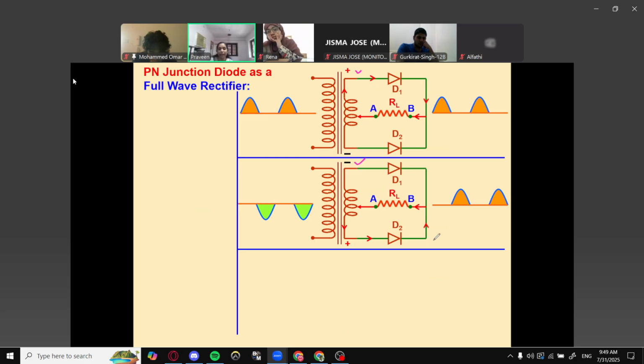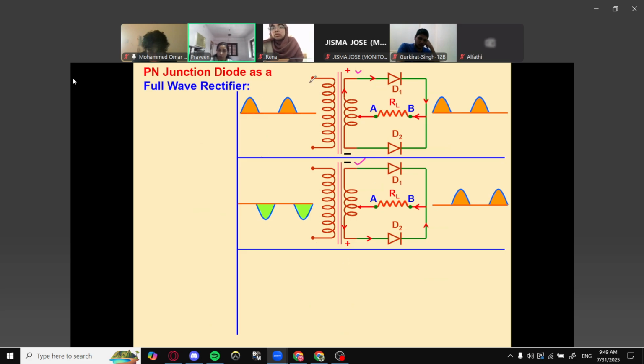Once D2 conducts, again we get output. So this output is due to the negative cycles making diode D2 forward biased. Hence D2 will be conducting, it becomes forward biased, and output current will appear across the load resistance.